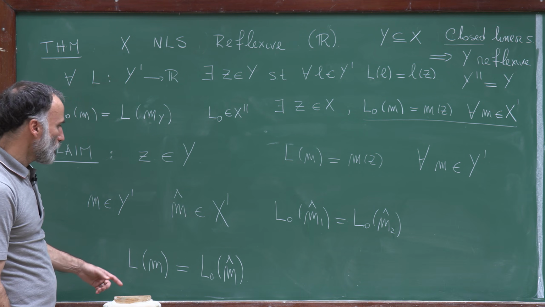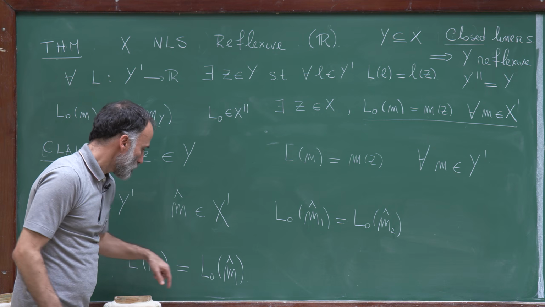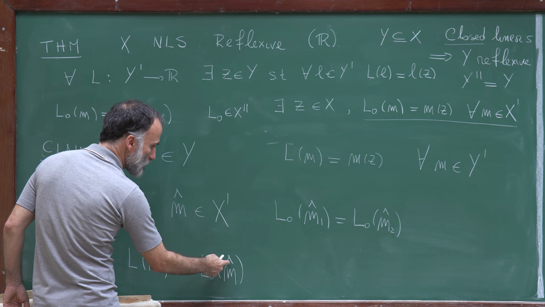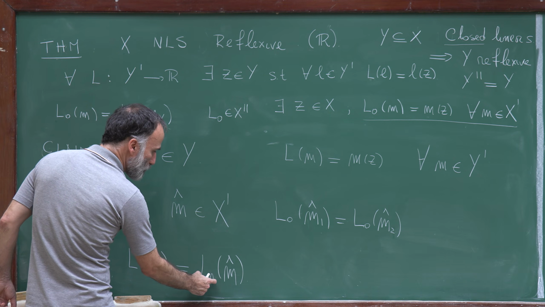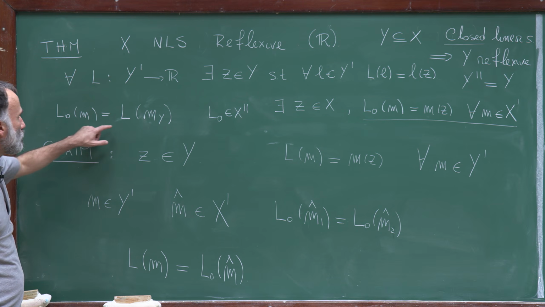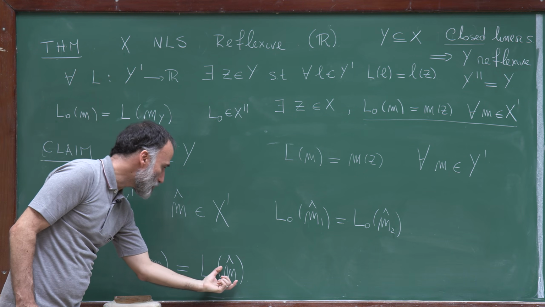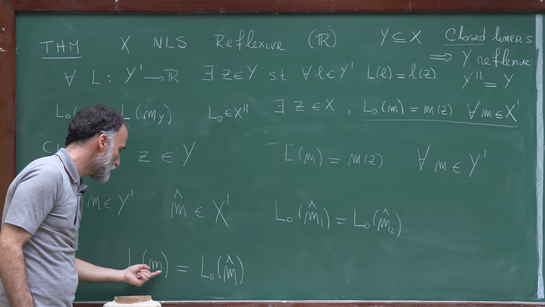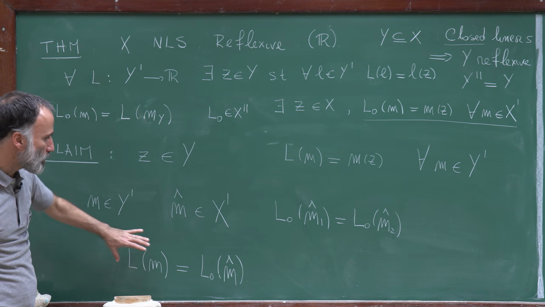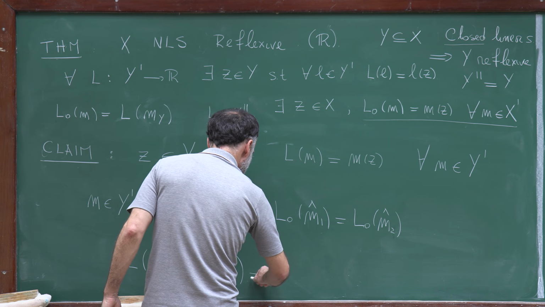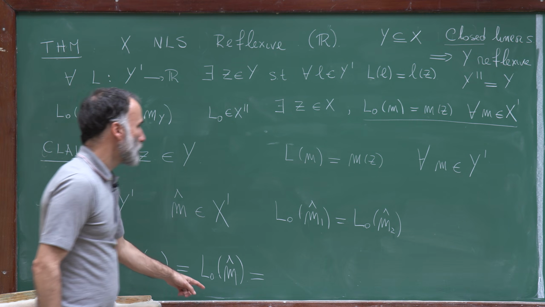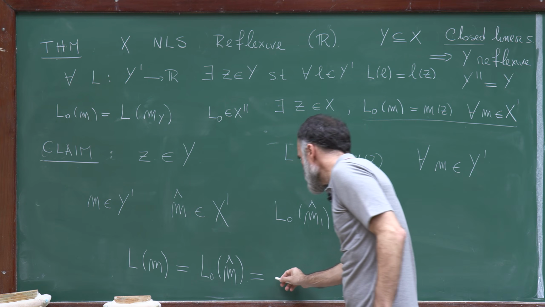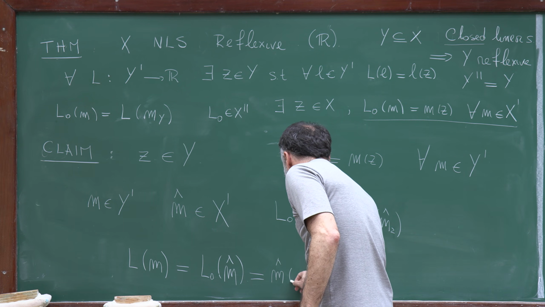Because this identity has to be understood as follows: you take M, you consider its extension. Now you compute L0 of the extension of M. By definition, it's L of the restriction to Y of M hat, which is M. So we have this identity. So we proved that this is equal to that. Now I know by the property of L0, because X is reflexive, that this is equal to M hat of z.